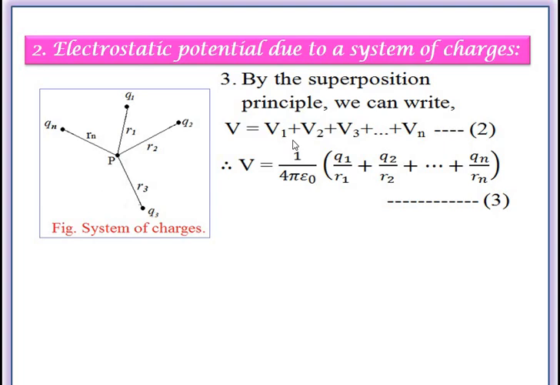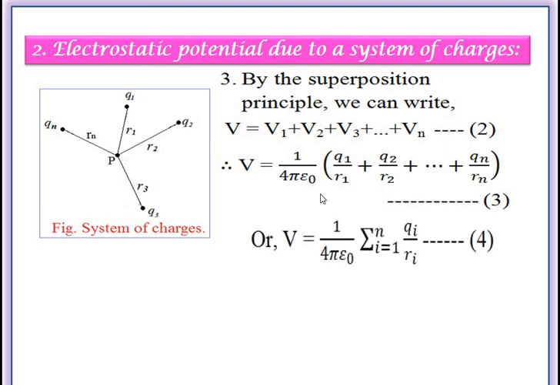Putting the values of V1, V2, V3 up to Vn in this equation and taking the common term out, we get V is equal to 1 upon 4 pi epsilon 0, which is the common term, and in brackets Q1 divided by r1 plus Q2 divided by r2 plus up to Qn divided by rn. Suppose this is equation number 3.